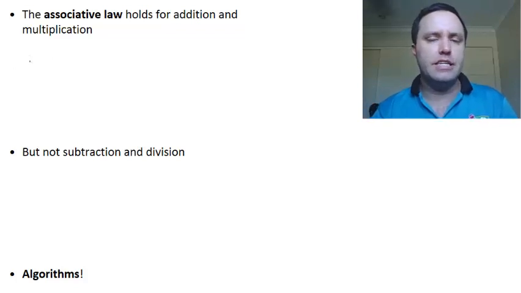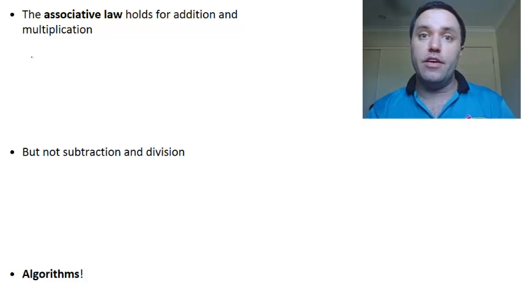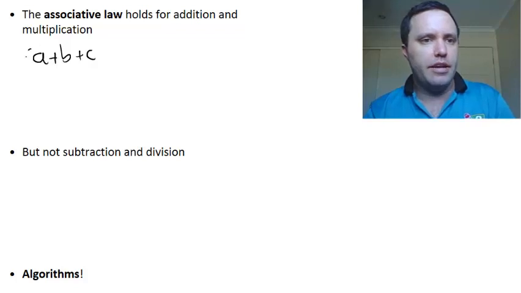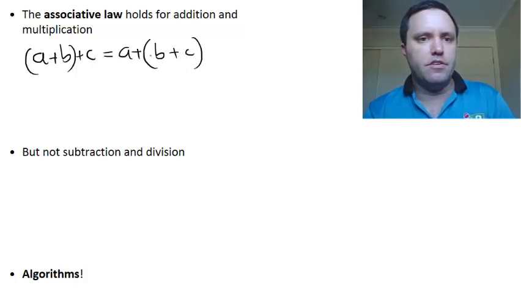They're just ideas and patterns within the set of integers. So the associative law is that if we have some numbers A plus B plus C, if we added A and B together first before adding C, that would be the same as if I added B and C together first, before I added A.